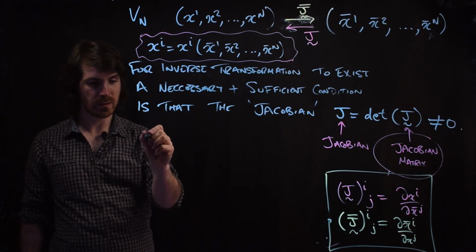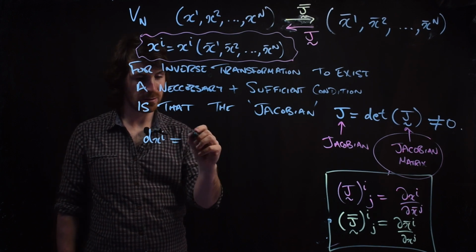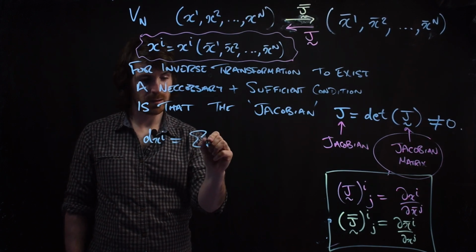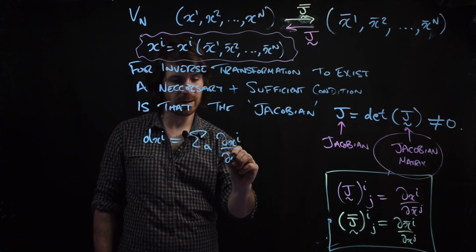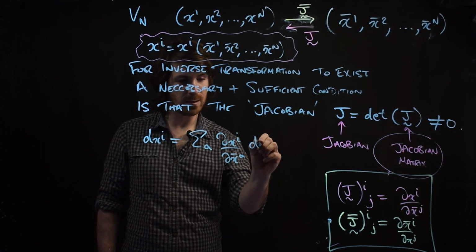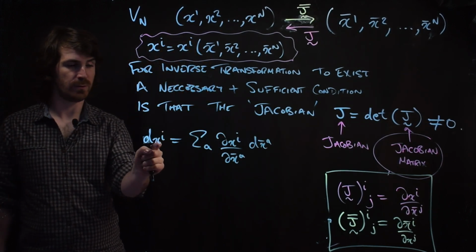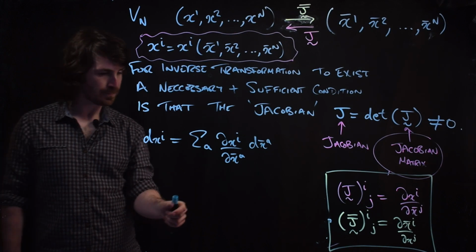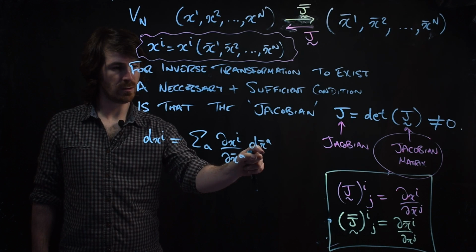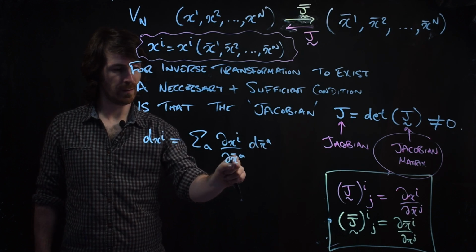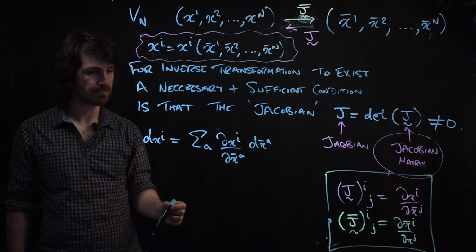So let's consider again the coordinate differential dx i, and we can write the chain rule for this. This is the sum over some index a, dx i by dx bar a, dx bar a. This is the coordinate differential for the unbarred coordinate x i, given with the chain rule, where x bar a is the coordinate in the barred system, and dx bar a is the coordinate differential in the barred system.